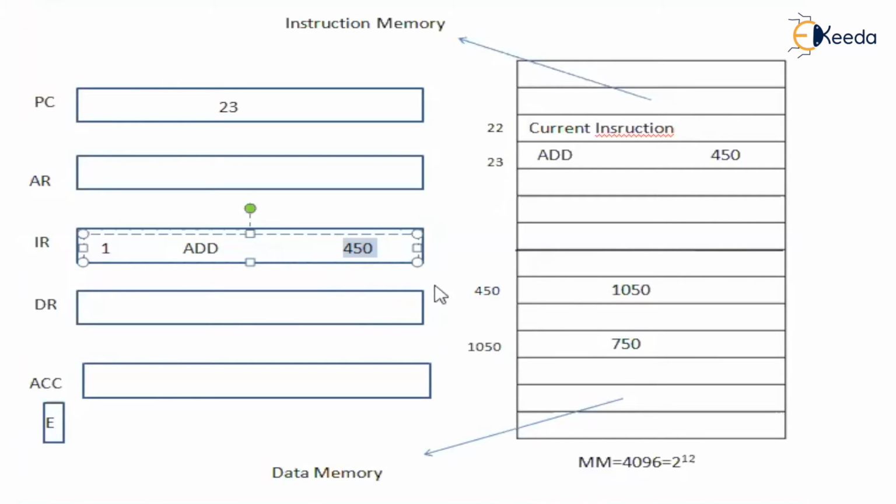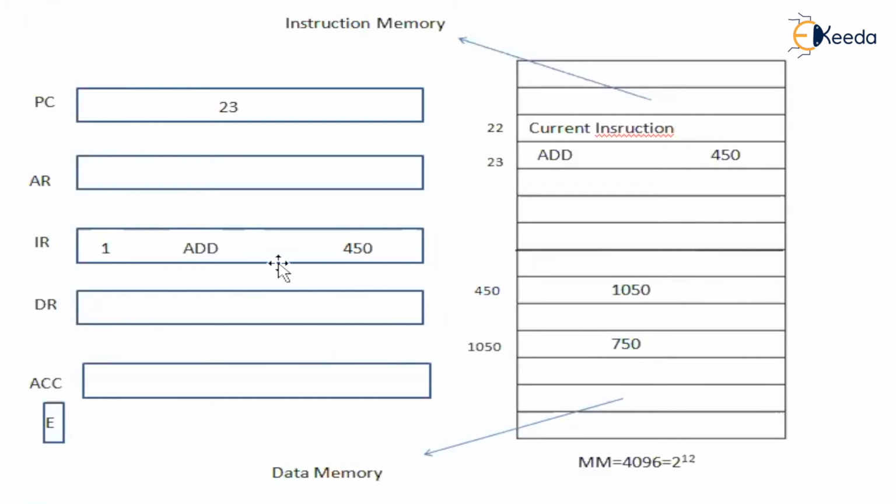Taking this address, we go to the main memory and collect the operand. The operand is available at the address specified in the address part of the instruction. Finally, the operation is performed between the accumulator and 1050, that is, accumulator equals accumulator plus 1050.